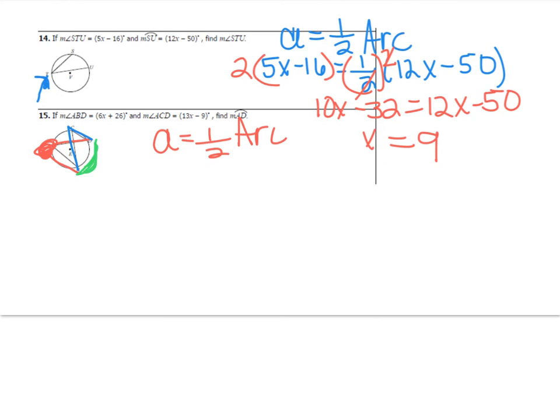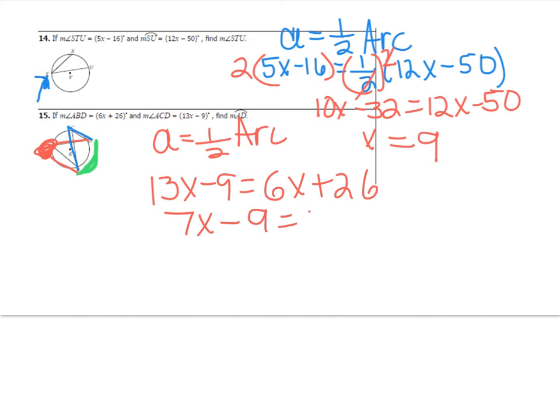So we talked about it earlier: if they share the same arc, then the angles are going to be equal. X is equal to 5.